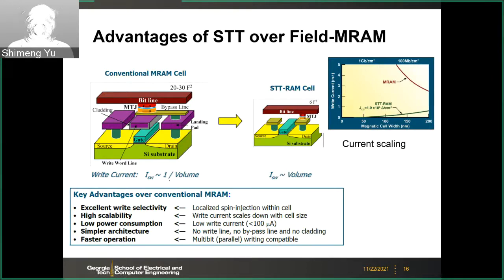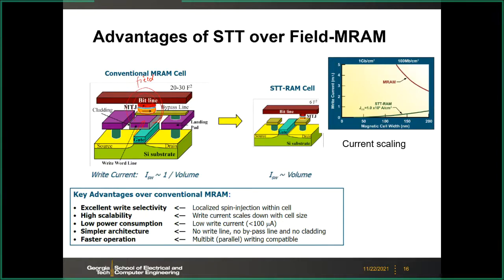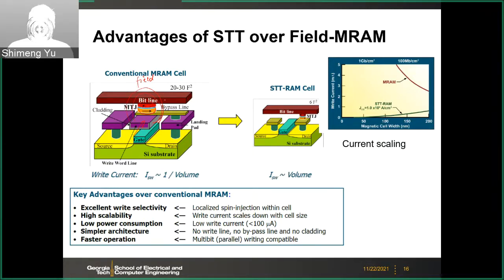As we just discussed, the write current of this conventional field MRAM does not scale, because here you need to apply current to generate the circulating field to switch this one. With the scaling, you make this part smaller and smaller. Or let's say you make the pitch of this write word line smaller and smaller.